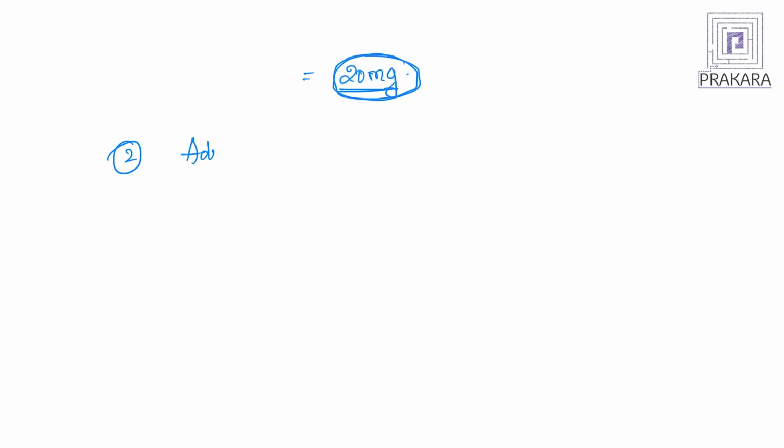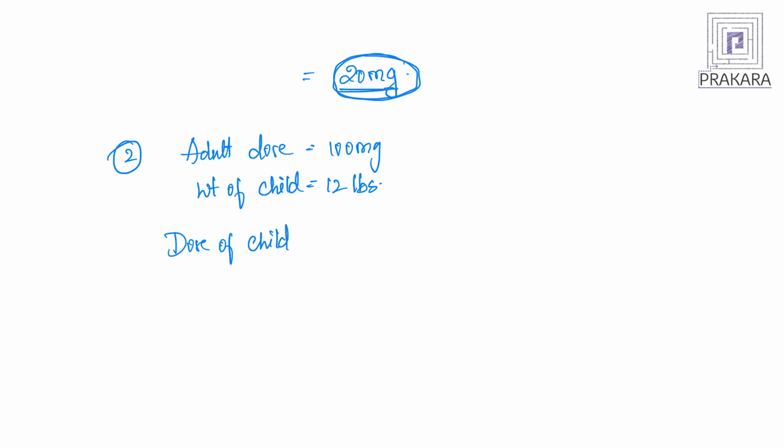If the adult dose is 100 mg, what should be the dose given to a patient whose weight is 12 pounds? As it is not given in kgs, you need not convert it into pounds. So what is the formula? We are going for the Clark's formula.